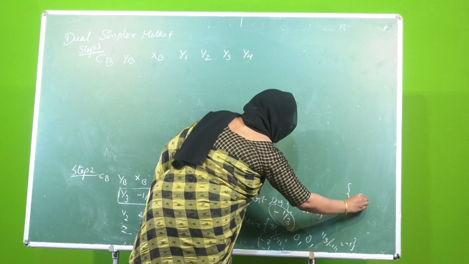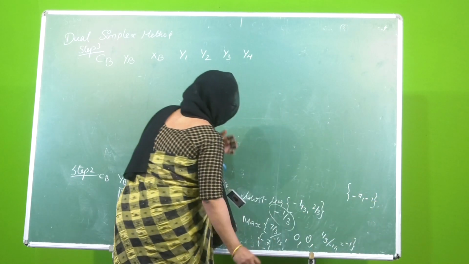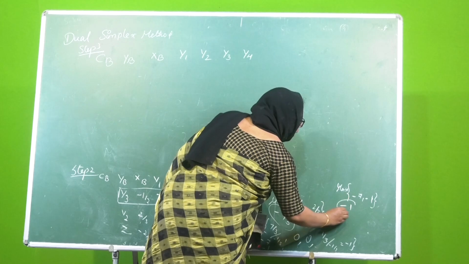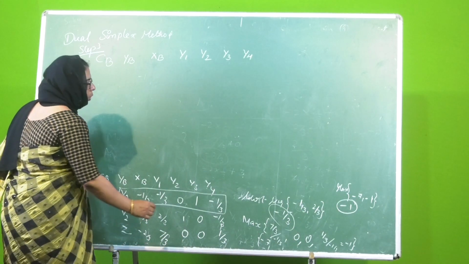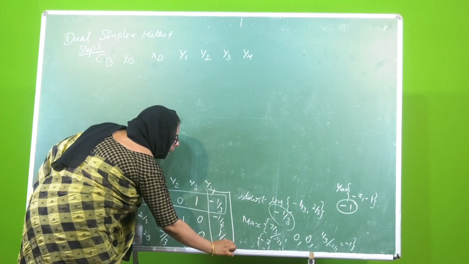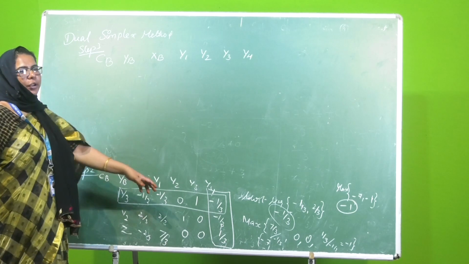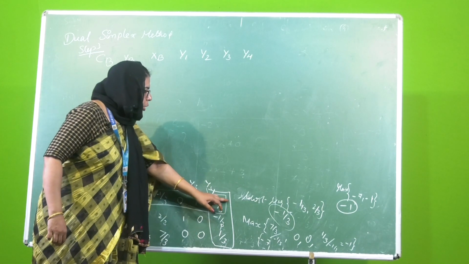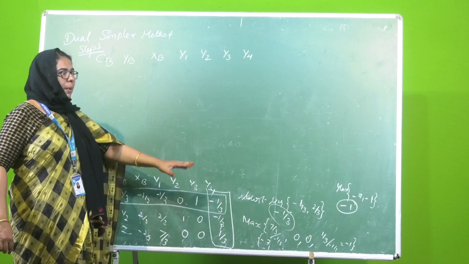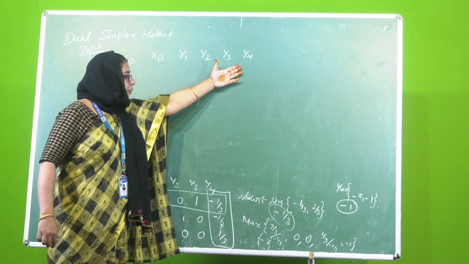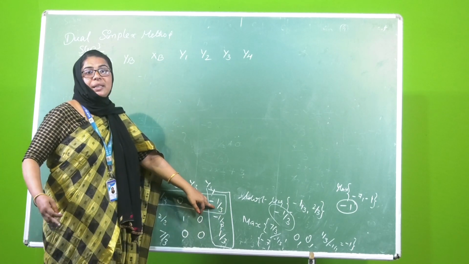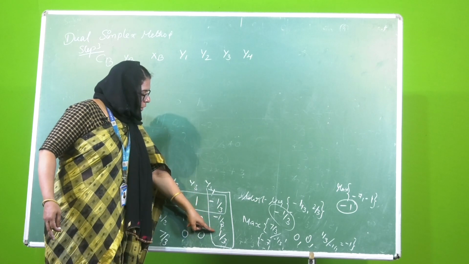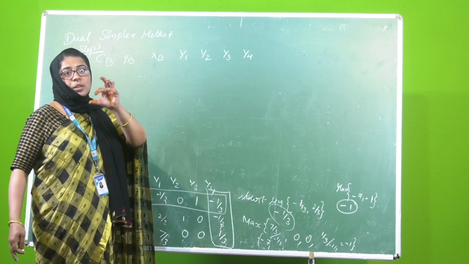So of -7 and -1, the maximum value is -1. So obviously we select the y4 column. So what is the pivot element? -1 by 3 is the pivot element. In the next step, in y4, -1 by 3 becomes 1 and the corresponding elements become 0.